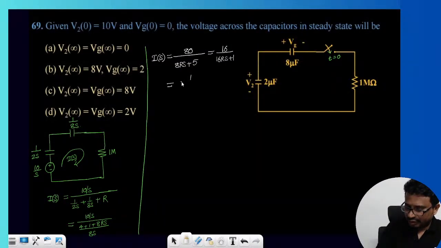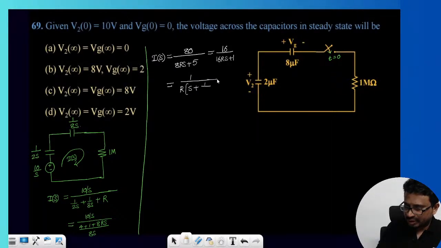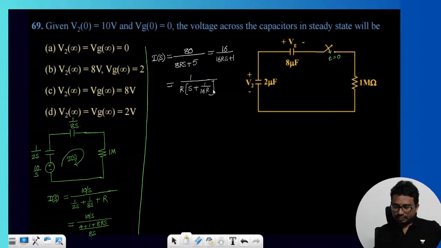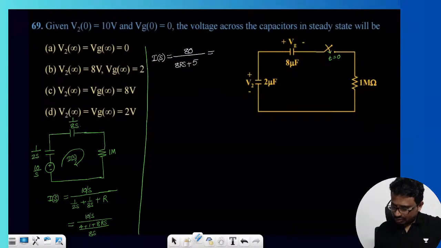So this will be 1 by, what will come here? We have taken 16R, this is R into S plus 1 by 16R will come now.